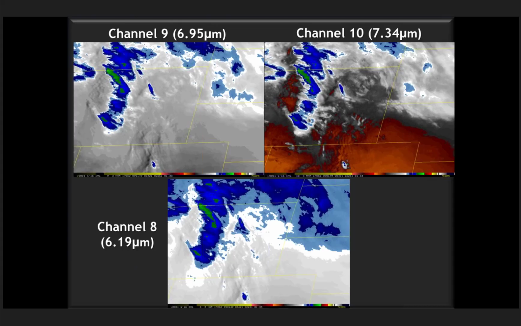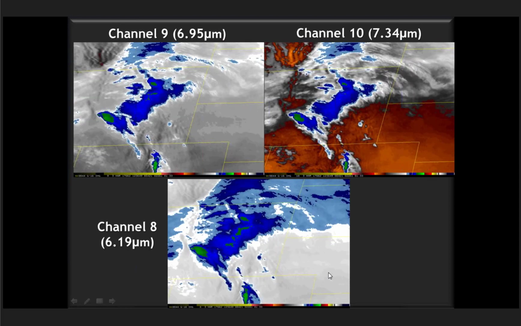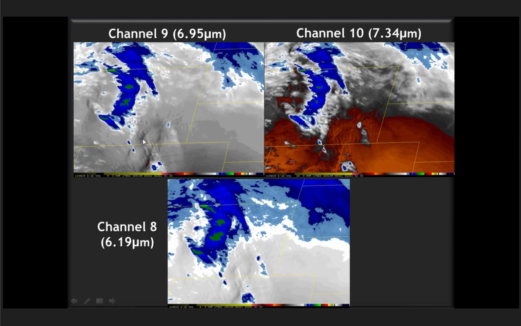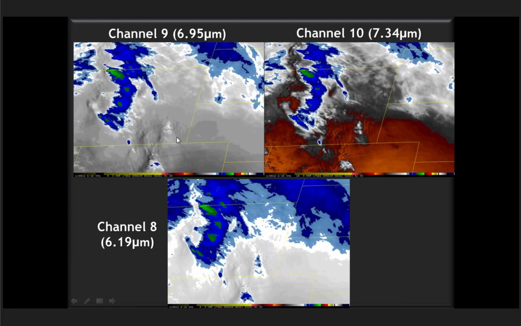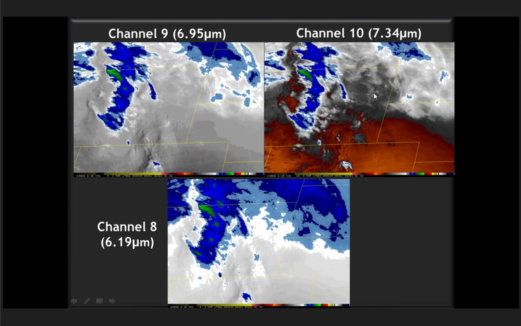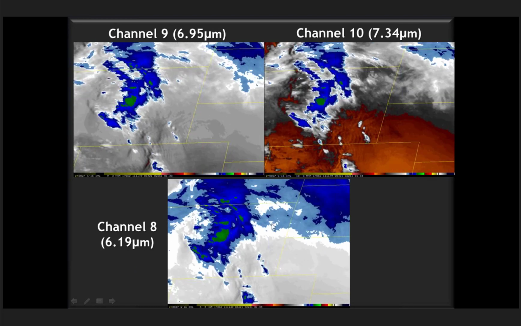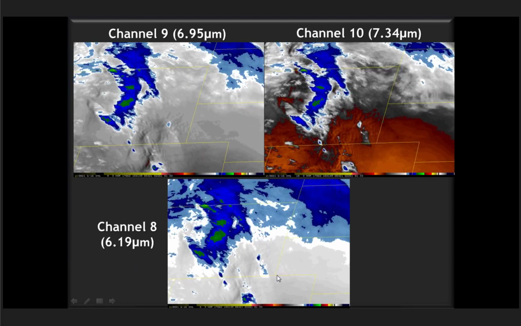And so perhaps GOES 16 water vapor imagery could help us to give our customers a better heads up ahead of the event. So I just wanted to give a quick comparison of the different water vapor channels. Similar to Greg's observation, at least for these deeper mountain waves, the mid-level water vapor channel shows these waves better. The low level here in the upper right, and then the upper level water vapor, channel 8, in the bottom here.